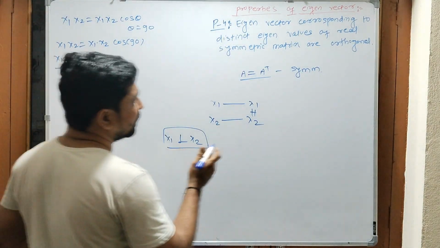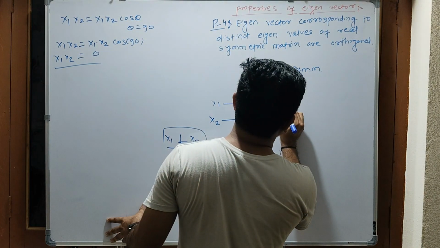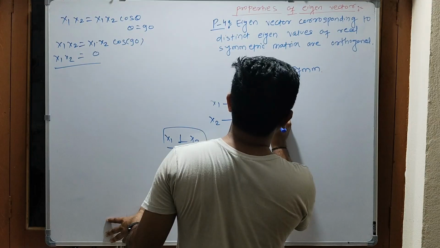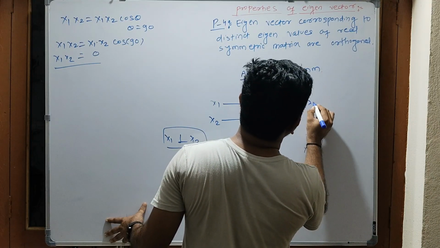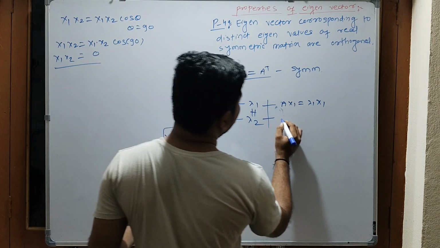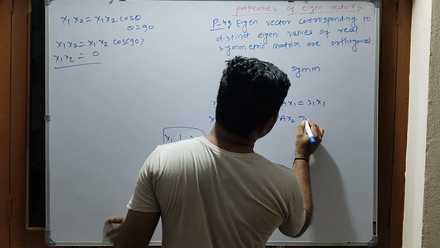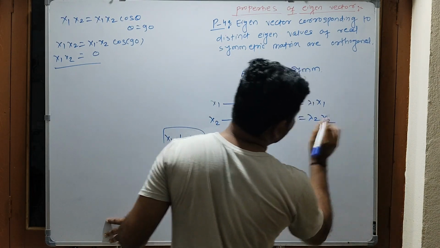So I have to take this matrix. From here, A x1 is equal to lambda 1 x1, and A x2 is equal to lambda 2 x2.